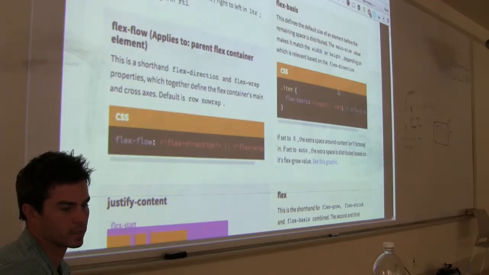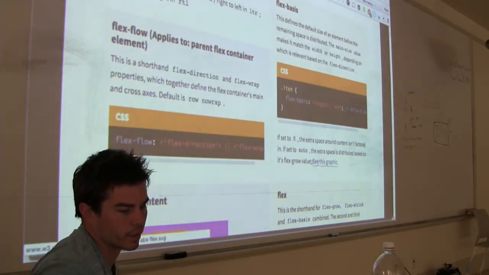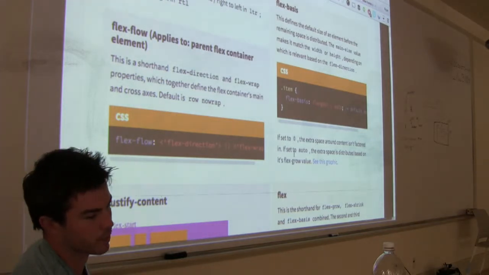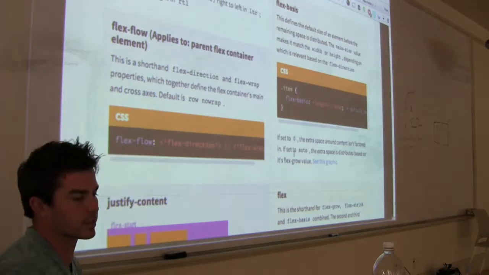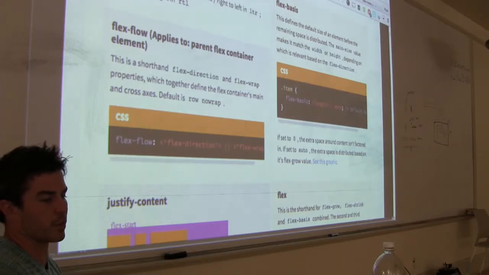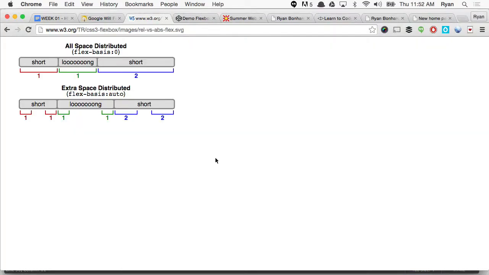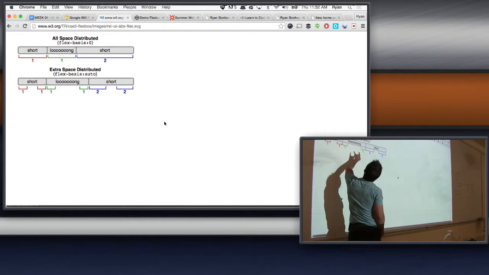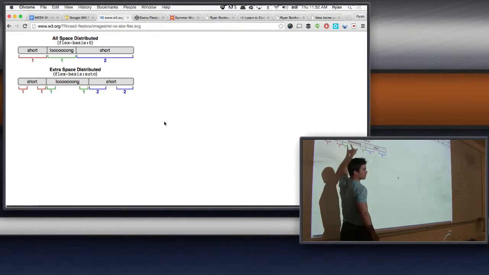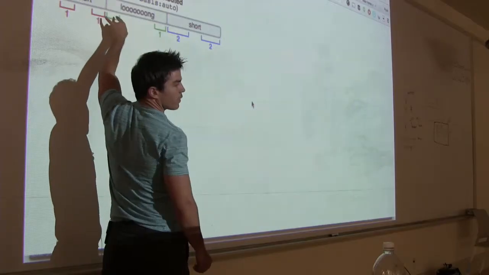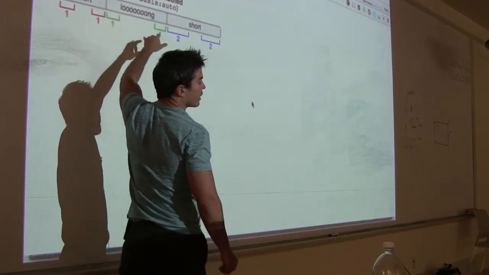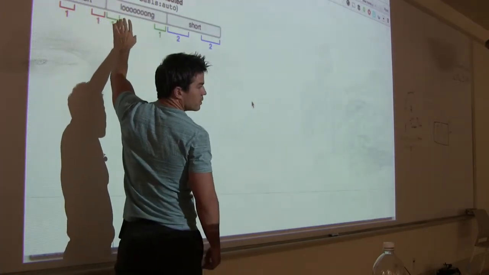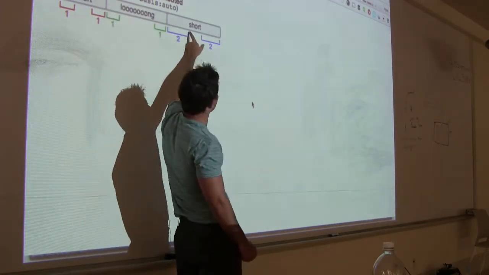I've never really seen it, so here it says if set to 0, the extra space around the content isn't factored in. If set to auto, the extra space is distributed based on its flex grow value. So that auto comes more into play when you have multiple things on the line, right? With flex grow values. Like the other one has a flex grow value of 0, so it doesn't give it any more space around the content.